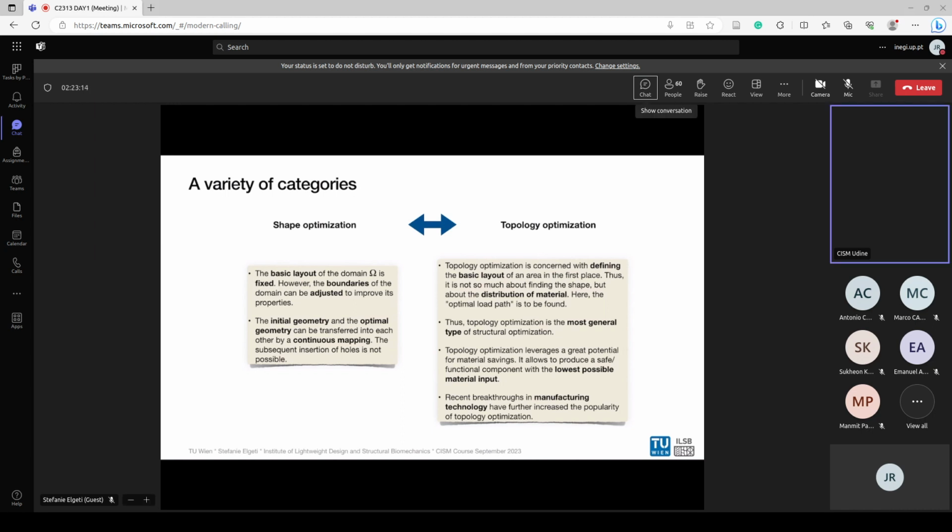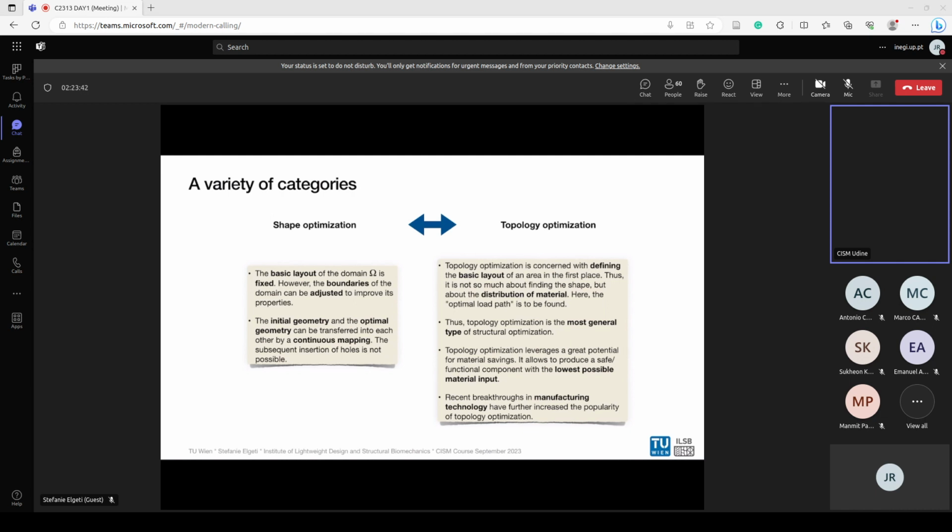And this means that the initial geometry and the optimal geometry that we compute somehow can be transferred into each other using a continuous mapping. So in particular, the subsequent insertion of holes is not possible. So the picture I showed you where then I cut holes into the structure, this is not possible in shape optimization. The holes would need to be there beforehand, then I can adjust them, but I cannot insert them.